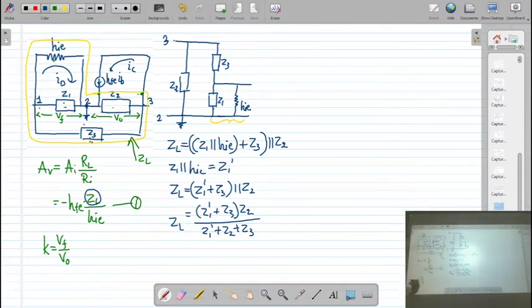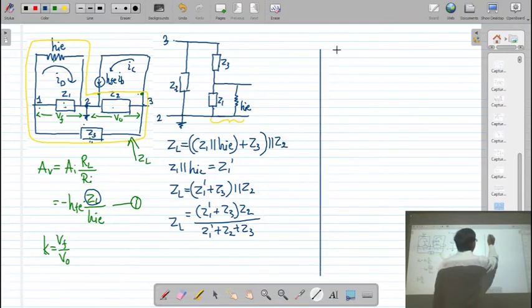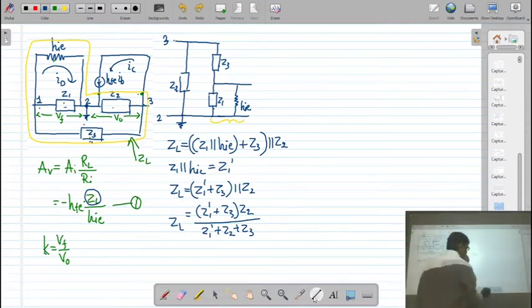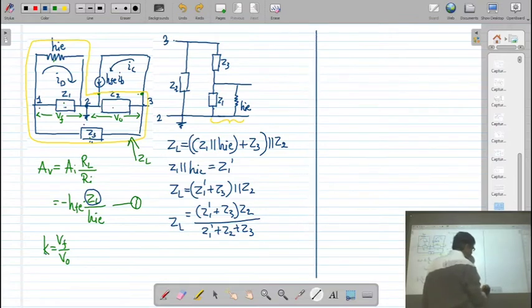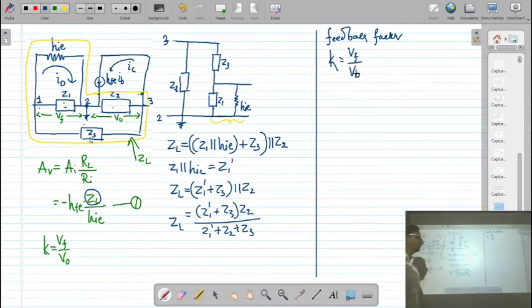Okay. Now find out the K. So the feedback factor K. It is a ratio of the feedback voltage to the output voltage.